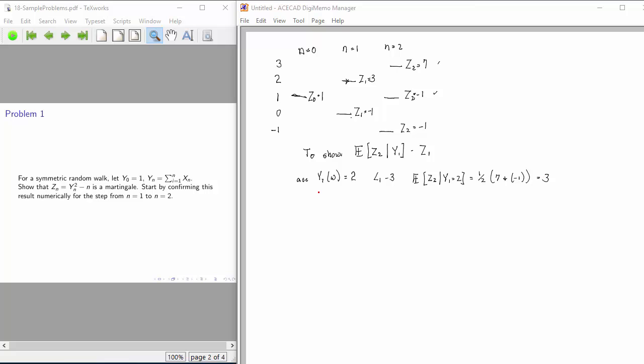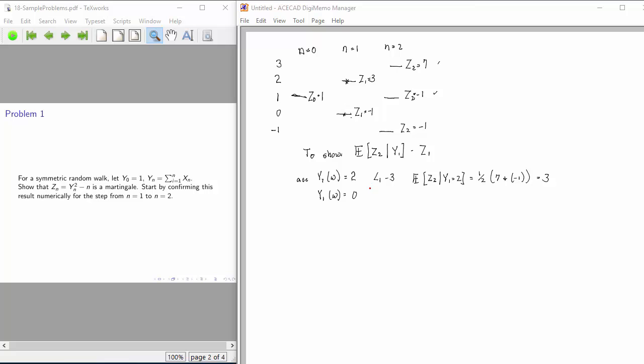So we also have to check the case where y1 on a specific omega in the sample space is equal to 0. Notice we only have to check this, although it's a random variable, for one omega that hits this node and one omega that hits that node.